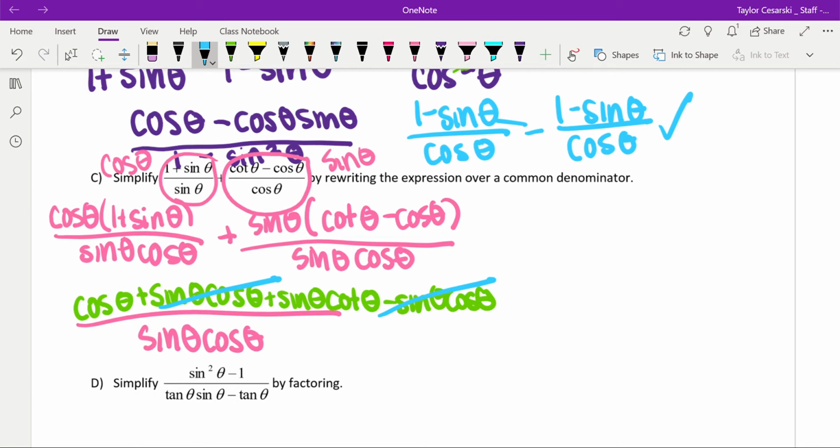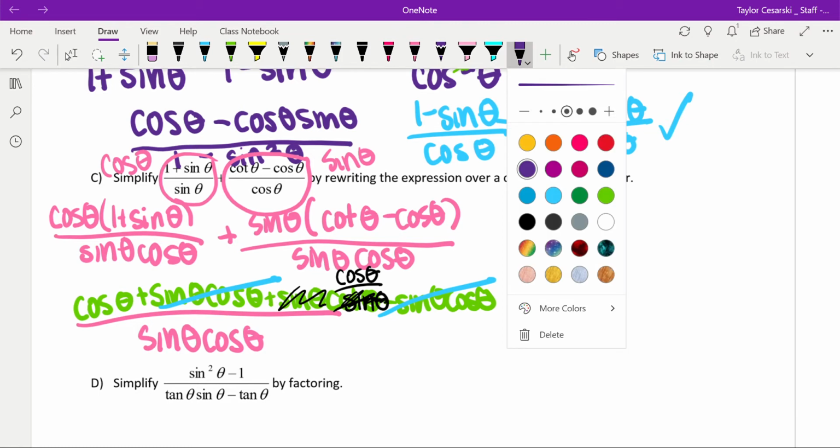Cotangent I can rewrite as cosine of theta over sine of theta. Therefore the sine on the bottom and the sine on the top are going to cancel out. Now let's rewrite this.